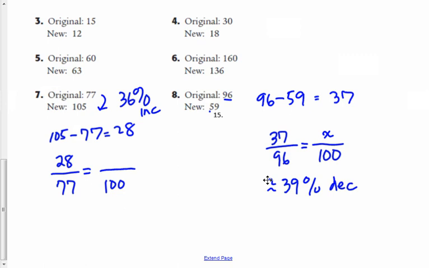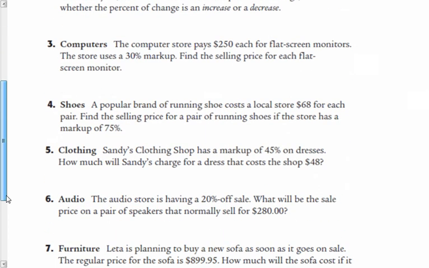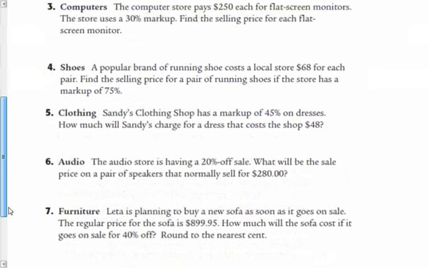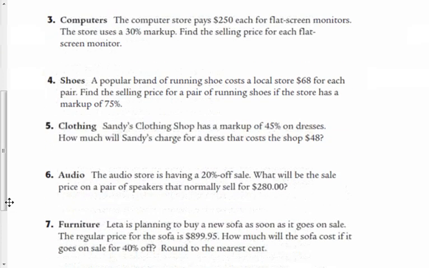I'm going to do one more problem. I'm going to go to page 16 and do number 5. It says clothing. Sandy's clothing shop has a markup of 45% on dresses. How much will Sandy's charge for a dress that costs the shop $48?